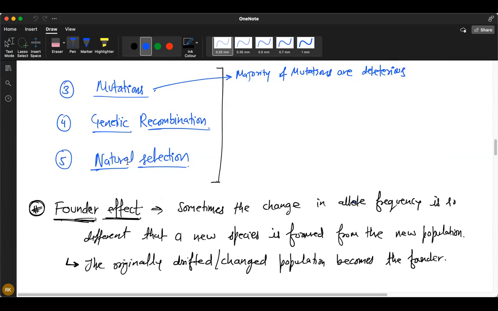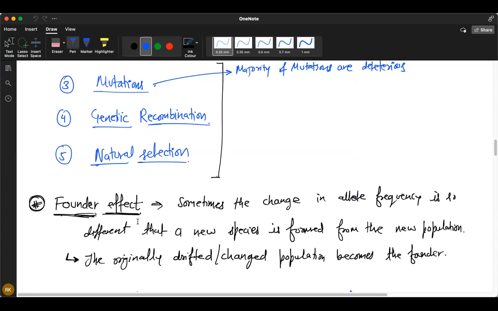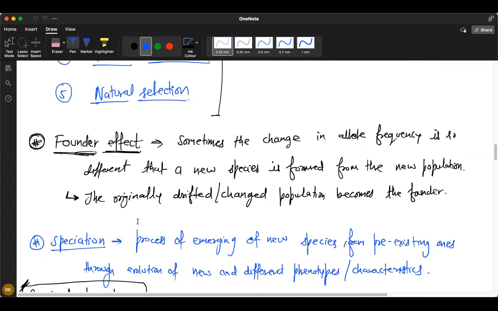In nature, selection pressures are different.